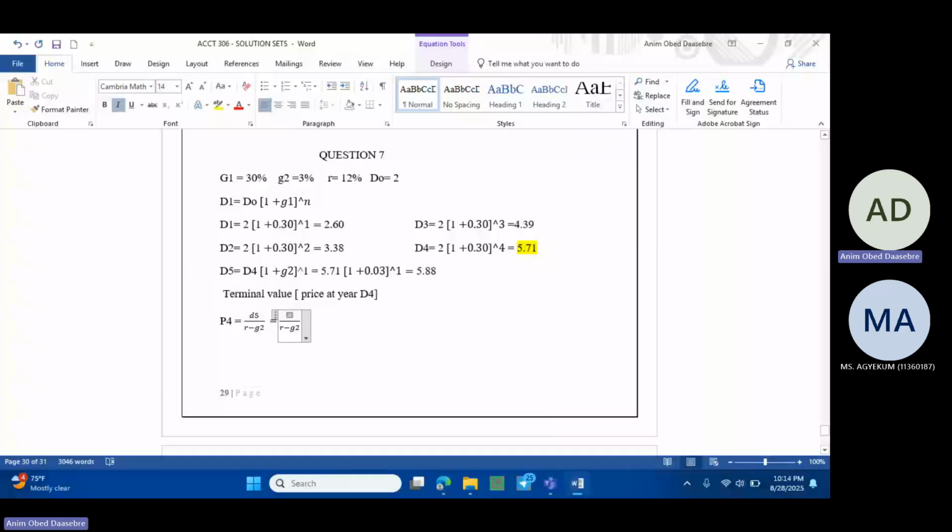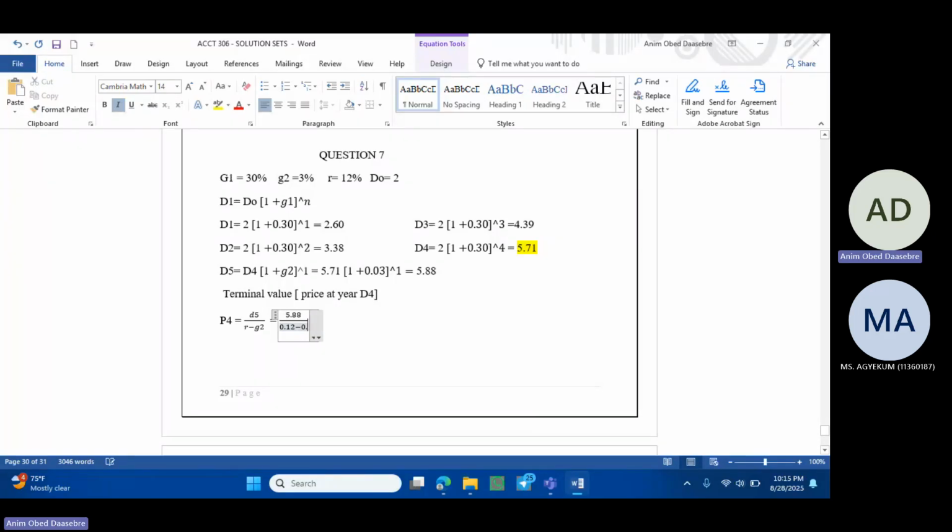The growth rate is constant. So D5 is 5.88, divided by the rate minus g2.